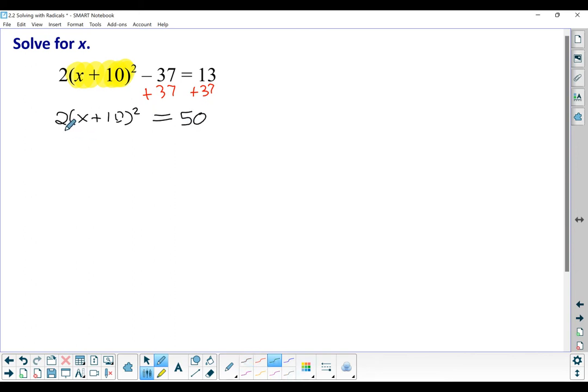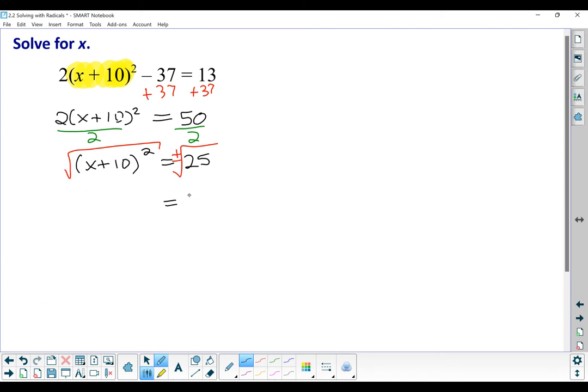Now I can divide by 2 to isolate that square. So I have x plus 10 squared is equal to 25. When I apply the root to both sides of this equation, I need to remember to insert my plus and minus symbol, because we have two solutions, a positive and a negative.